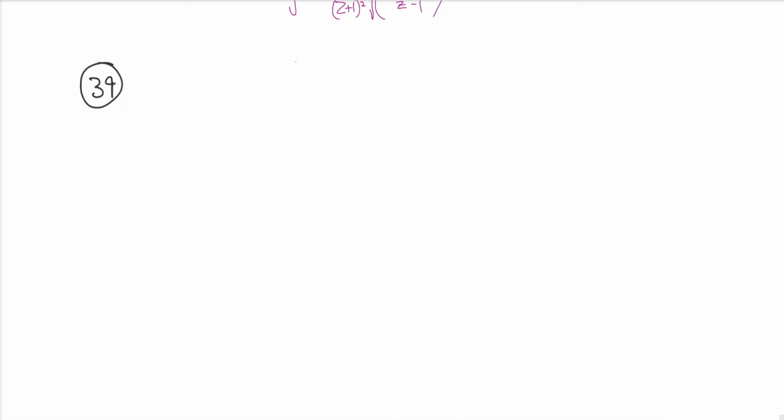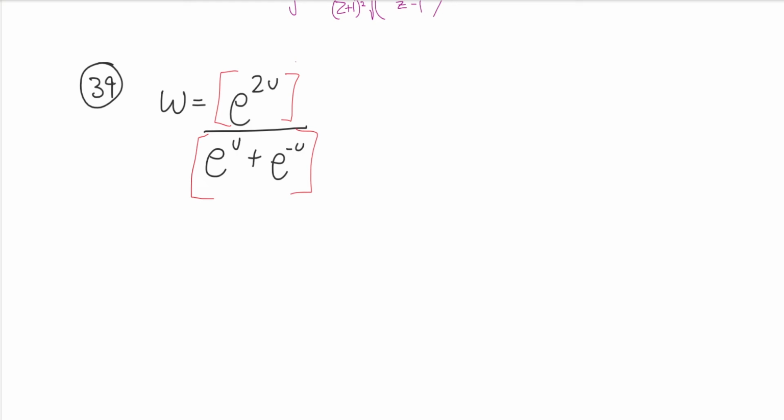Let's tackle it. So let's call this one, I don't know, I'm feeling a W. E to the 2u over e to the u plus e to the negative u. Okay, so outermost layer of the onion, we see a quotient.